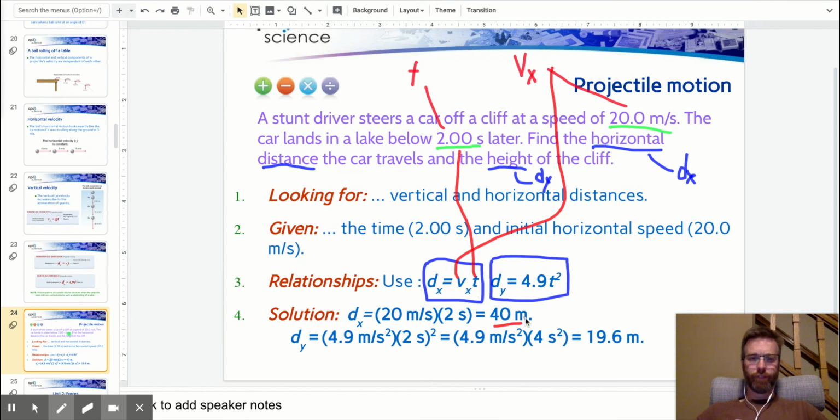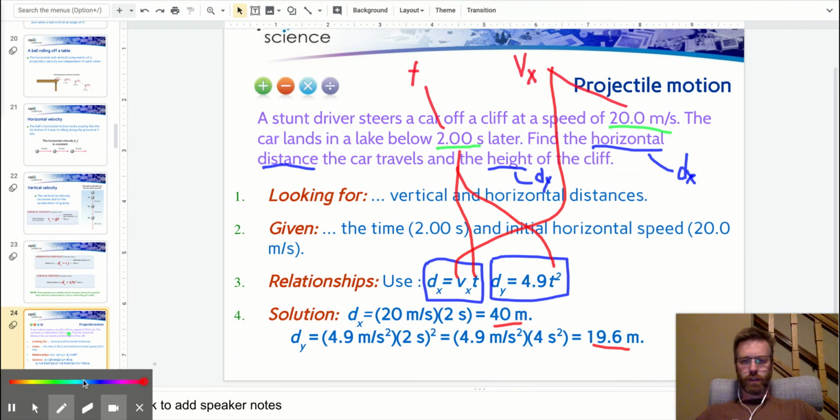Check. Well, the t also goes in the vertical equation, and that's the only thing we need in there. So the 2 seconds also goes in here. 2 squared, let's see, that's 4. 4 times 4.9. Vertical distance is 19.6.